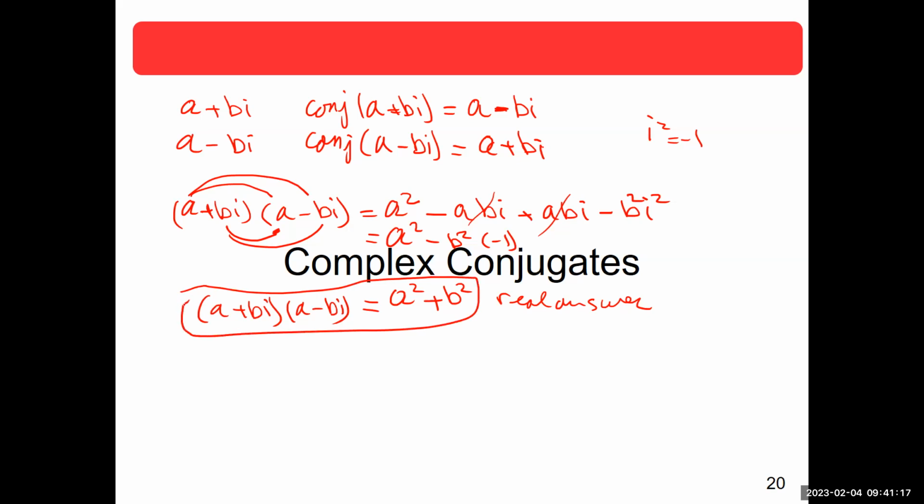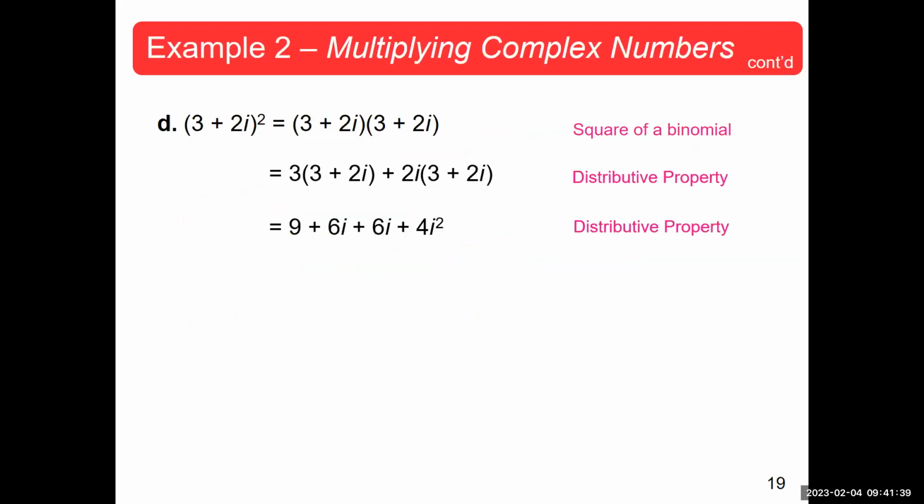Write it down in the formula sheet, or maybe it's already there. Okay, now we know about the conjugate. We know what happens if we multiply a complex number by its own conjugate. It gives me a squared plus b squared. How are we going to use it in that problem in dividing?